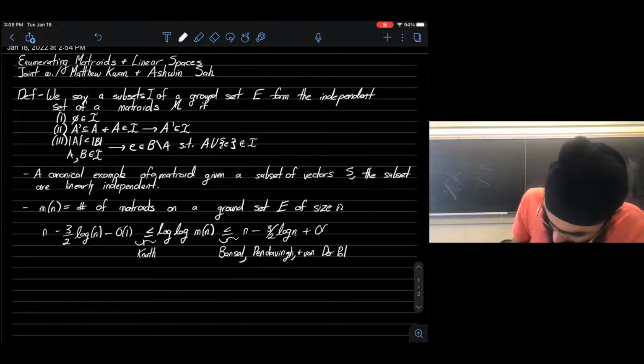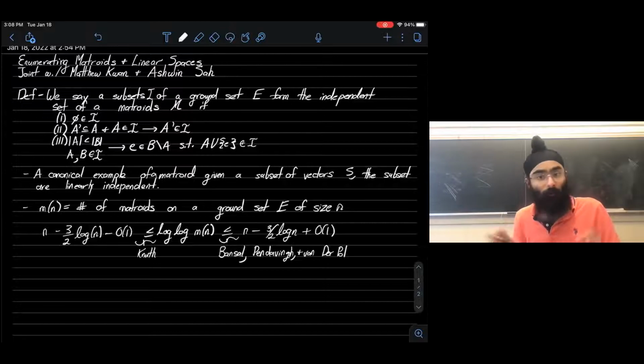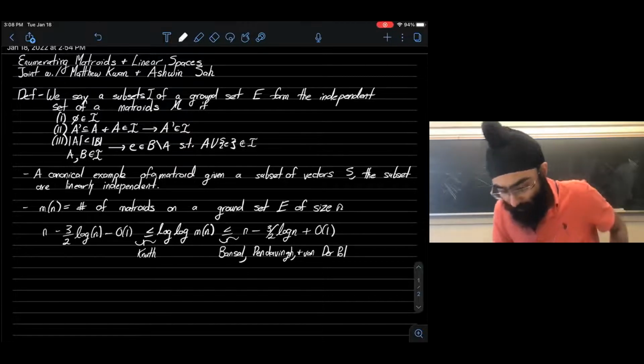This is an explicit construction, and the upper bound is roughly using this method of graph containers. In this final paper, they point out that if you want to do better than this O(1) gap in the log asymptotics, you would need to understand independent sets in the Johnson graph, which is a notorious coding theory problem.